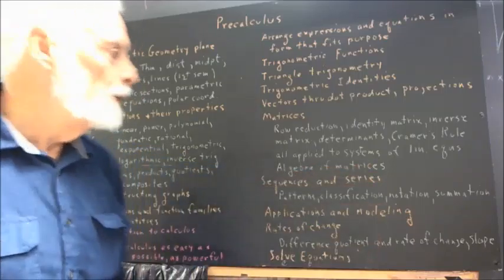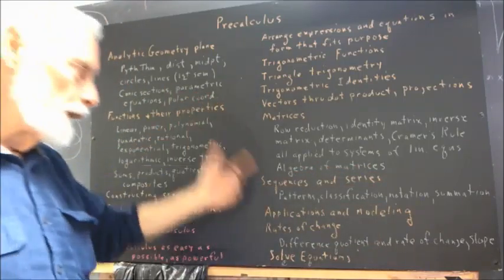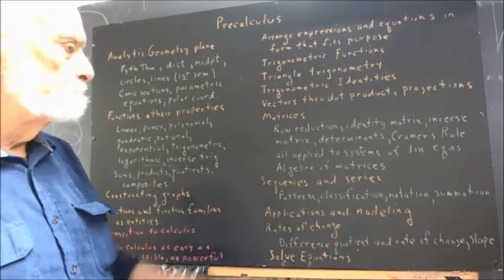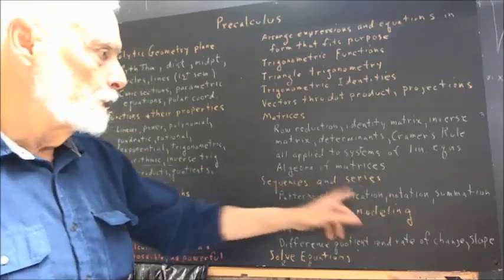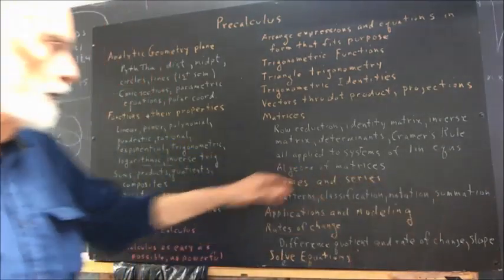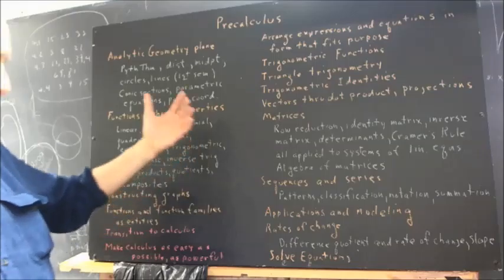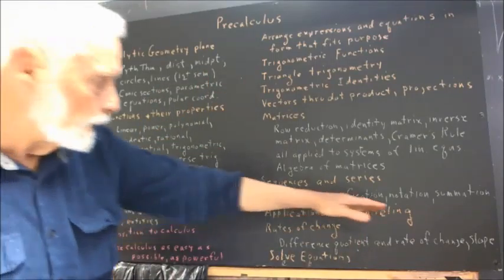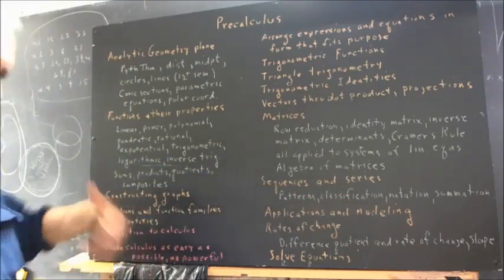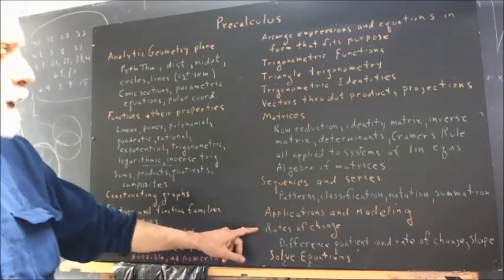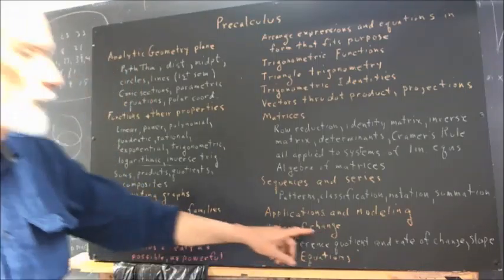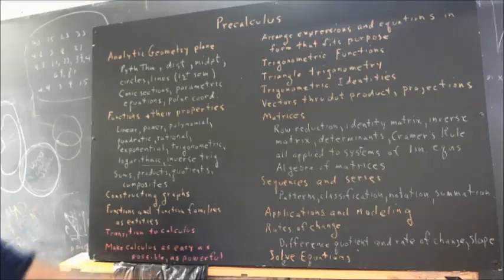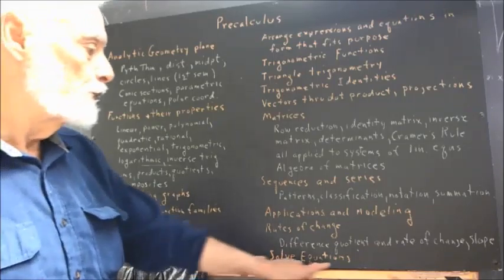Sequences and series, mostly in a context of identifying number patterns, classifying different kinds of number patterns, the notation of sequences and series, and summation of the sequence. Then we have applications and modeling, which will have a greater or lesser emphasis depending on the specific course. The idea of rate of change, which is essential. It's the fundamental idea of calculus, and solution of equations.